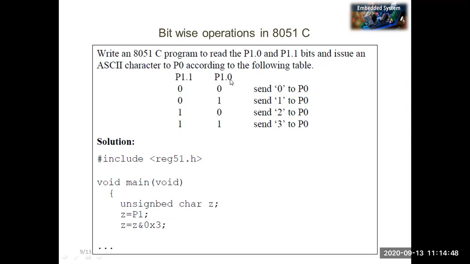Okay, so for P1.0 P1.1, if the data on these two pins is 00, then we have to send the ASCII code of number 0 to port 0.